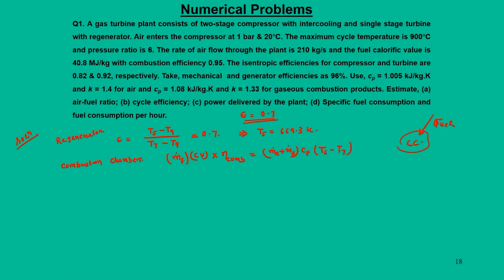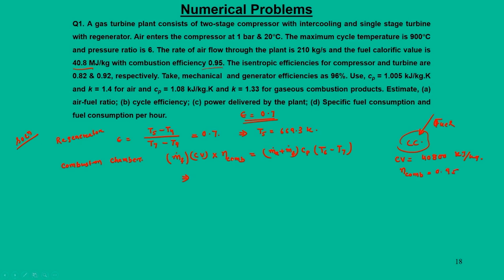Here, divide both sides by m dot F, then we arrive at the ratio. Calorific value is given as 40800 kilojoule per kg. Combustion efficiency, the data is already given, 95%.